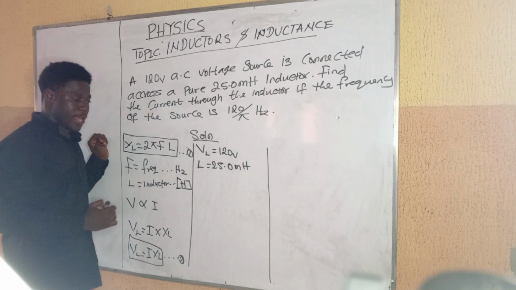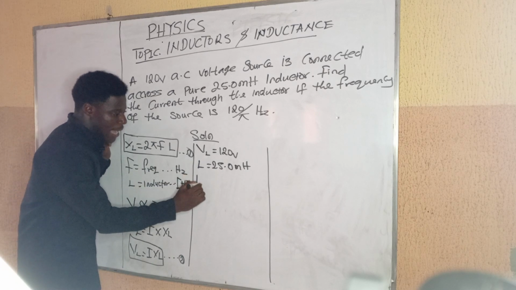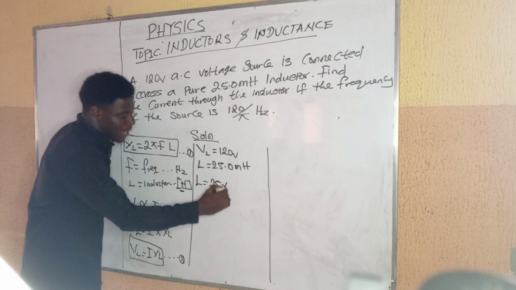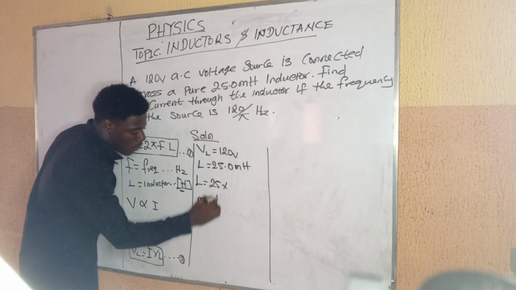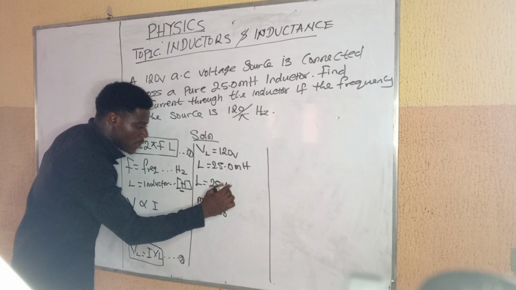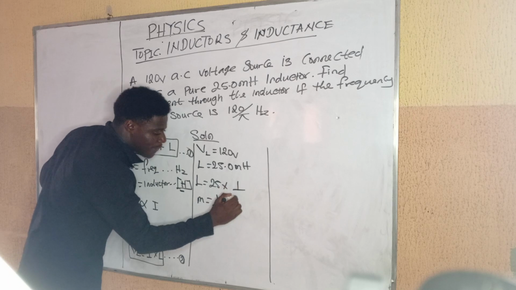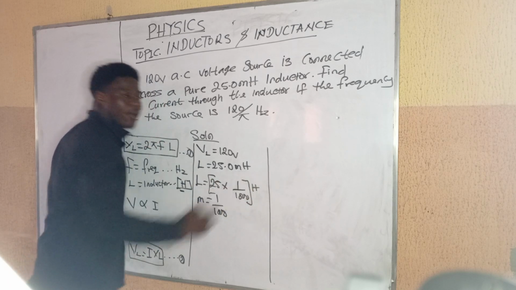The unit of inductance, like I told you, is henry. Therefore L is equal to 25 times the unit milli, which is 1 over 1000. So L is 25 times 1 over 1000, because this should be in the unit of inductance, which is henry.